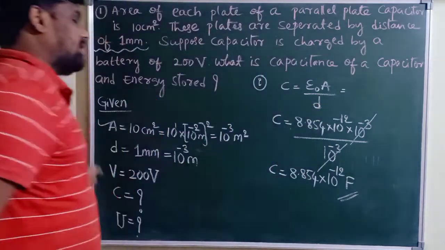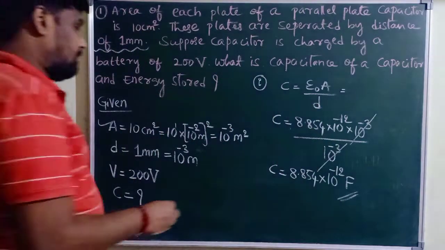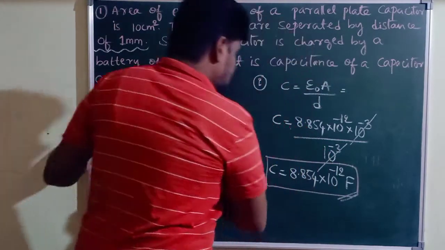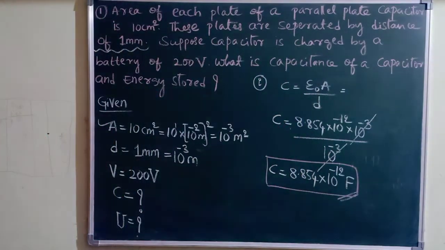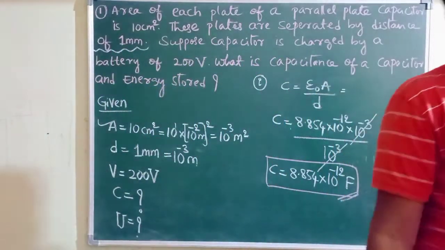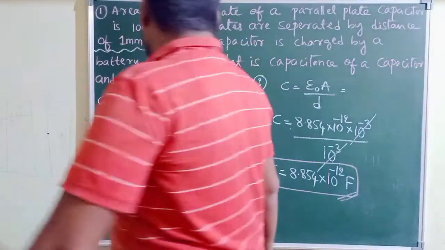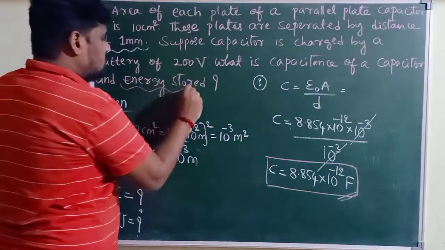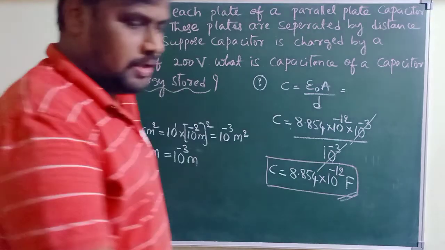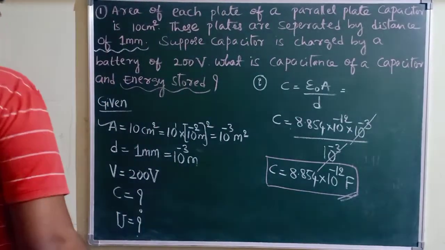So this is the capacitance of the parallel plate capacitor given in the example. In the first step, we calculated the capacitance of the parallel plate capacitor. Second step, we have to calculate the energy stored in the capacitor. What is the formula to calculate the energy stored in the capacitor?